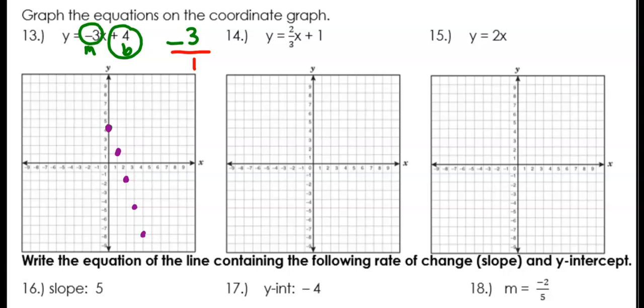Instead of -3 and +1, I can move +3 and -1. And that would draw the upper half of my line. Once you have drawn as many points as you can, you connect them using a straight edge, and you draw arrows on each end. Let's start with number 14. The y-intercept is +1.